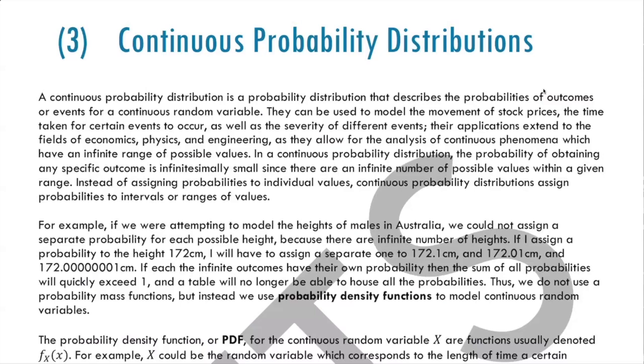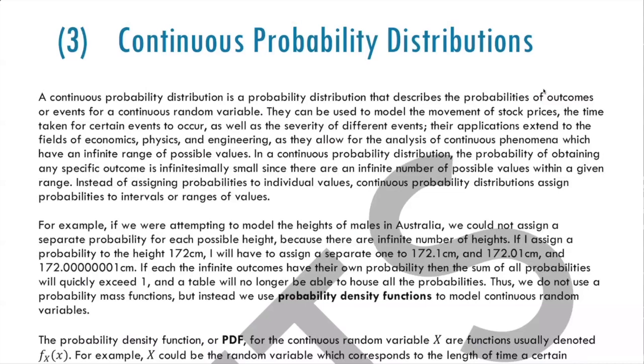So for continuous distributions, we say the probability that the random variable takes on any exact value has to be 0. The probability that someone is exactly 172 centimeters, 0. The probability that someone is exactly 173 centimeters, 0. Right? Because I shouldn't be defining probabilities for every exact value. Does that make sense?